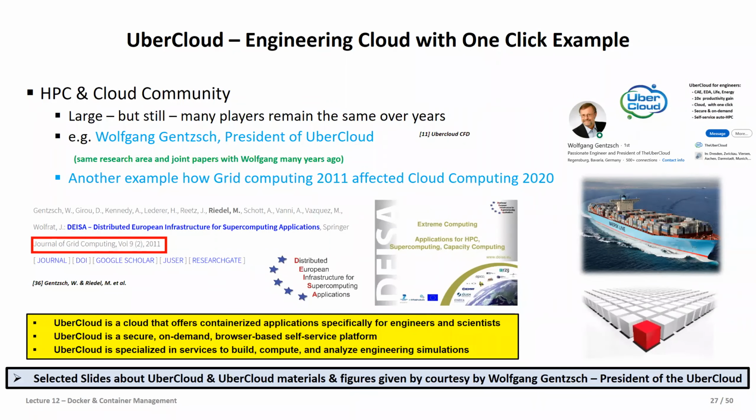I have to also say, I'm not paid by UberCloud to mention this. I have to say, however, as a disclaimer, that I have known Wolfgang Gentzsch for a long time, maybe even more than 10 years. We published together in 2011, but probably our connections go back even further, to when we created the first supercomputing infrastructure in Europe, called DEISA, the Distributed European Infrastructure for Supercomputing Applications.